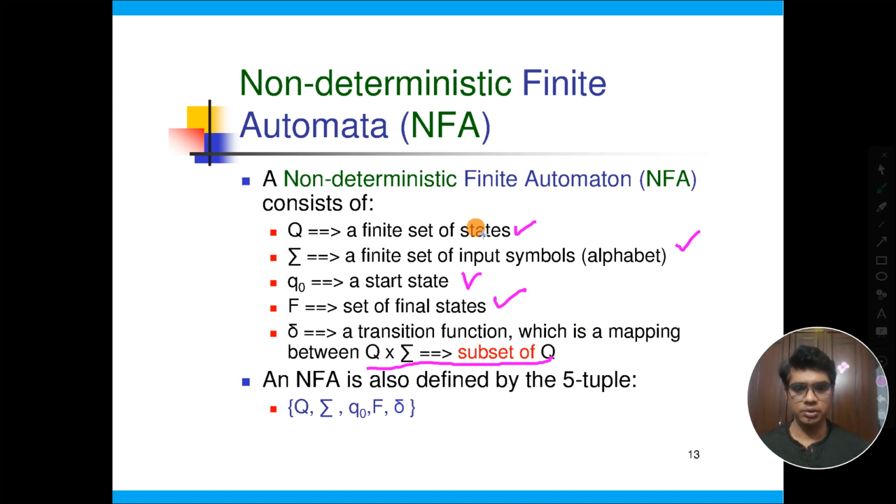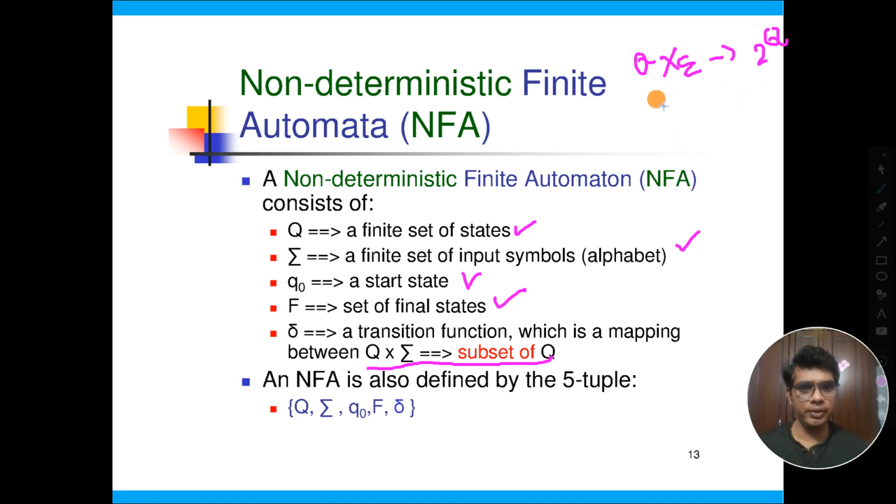I'll write both things here. Here the transition function is defined by Q × Σ → subset of Q. That means any subset of Q, or you can say the power set of Q, which is 2^Q.